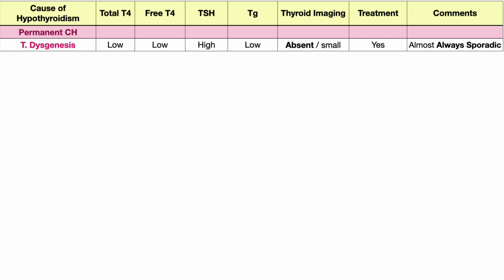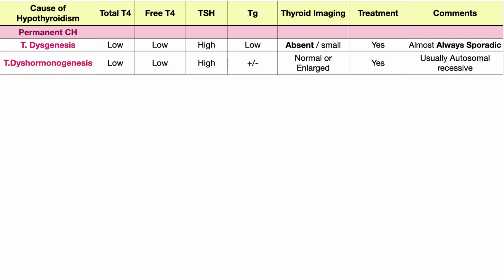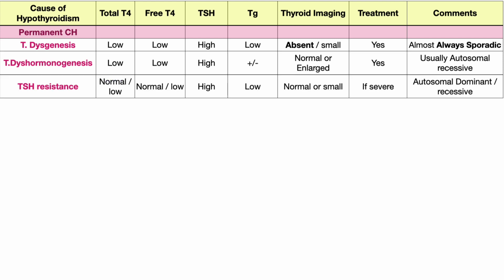It requires treatment, and it is almost always sporadic. Thyroid dyshormonogenesis: in this, the T4 and free T4 are low, TSH is high, the TG may be present or absent, thyroid imaging shows a normal or enlarged thyroid gland, and it also requires treatment, and it is usually autosomal recessive.